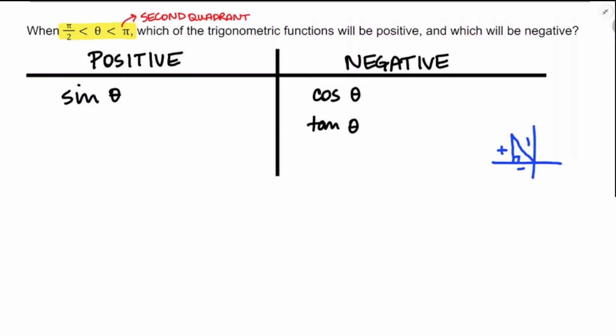And what I'll point out is that if sine of theta is positive and cosecant of theta is 1 over sine theta, 1 over a positive number is still going to be positive. So I'm going to say sine and cosecant are both positive. And in the same way, cosine and secant are both negative, and tangent and cotangent are also both negative.